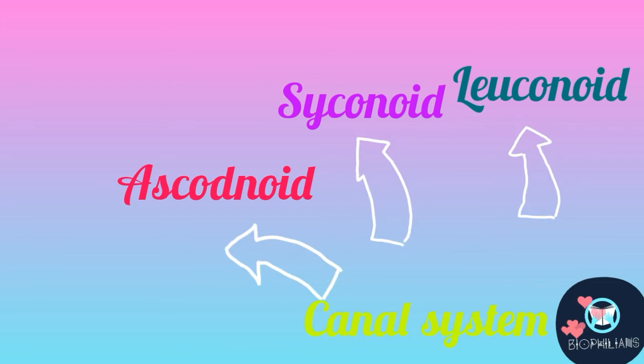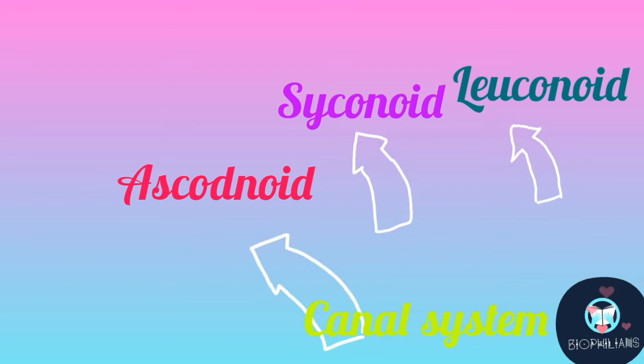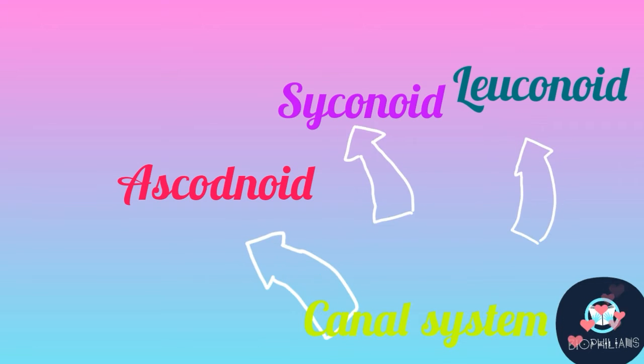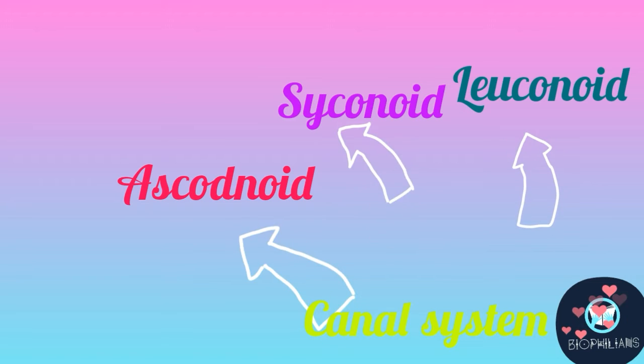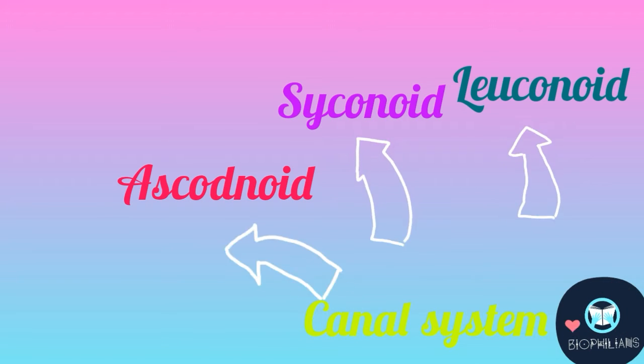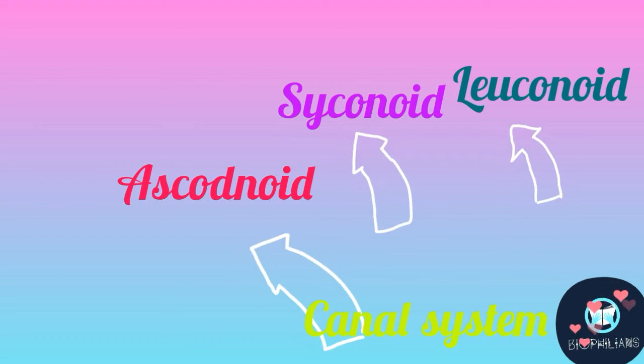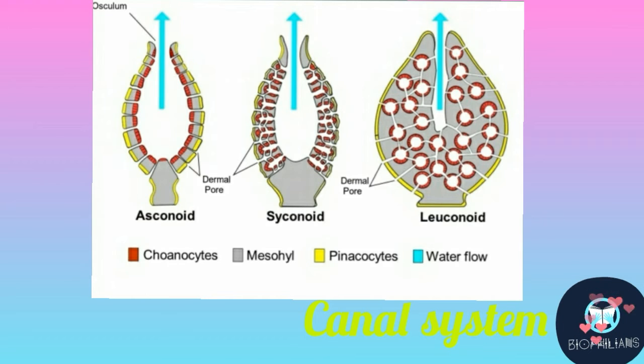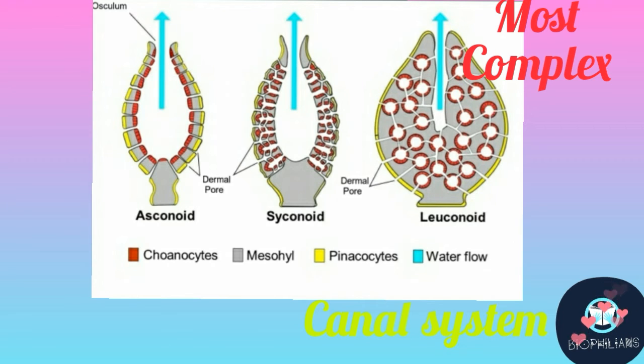You don't need to study this in more detail. Only learn these words: asco, sycho, leuco. Conoid is common. You can see asconoid looks simpler and leuconoid looks most complex.